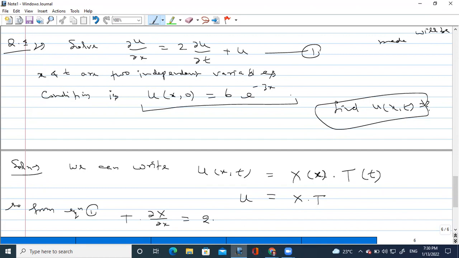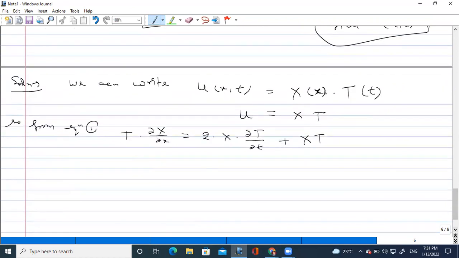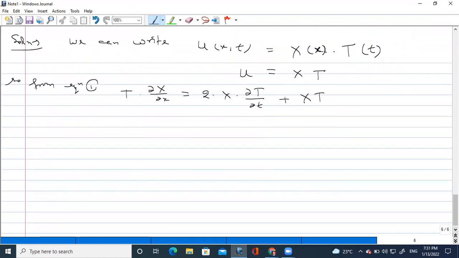Once you put it, here X will be considered as constant because it is a function of x, not t. So X into dT by dt, and plus u is XT. So this has become my equation. Okay, so carefully you have to do such type of problem. Now to get the variable separable. Okay, so this replacement is over. Now second step is variable separable.